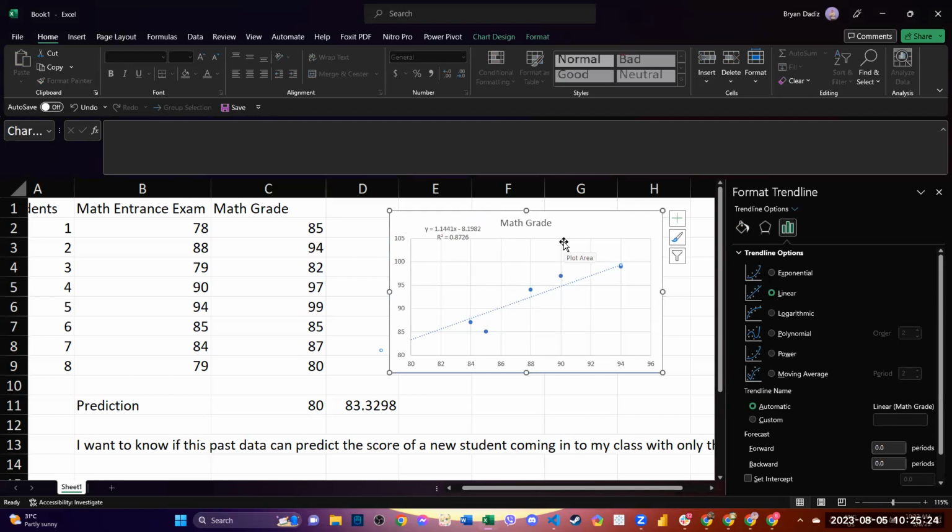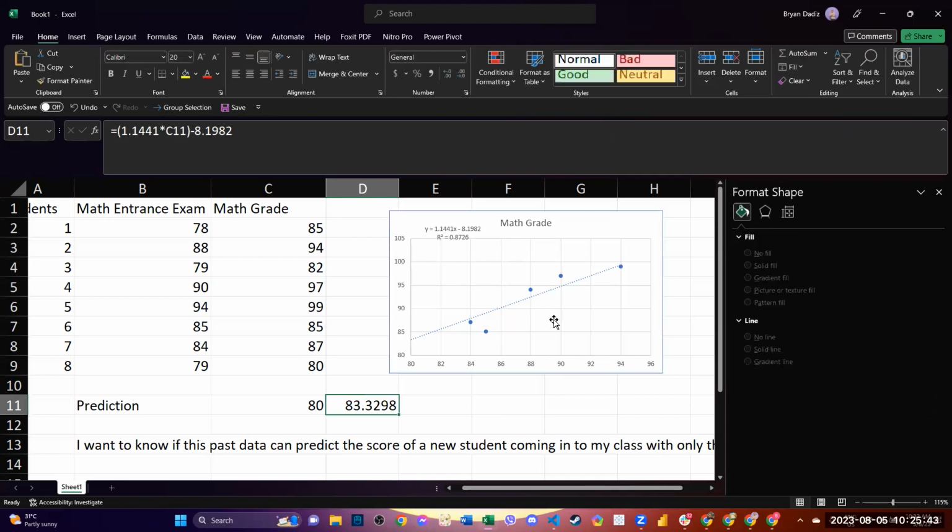Okay? Ginawa na ni Excel yung computation na yun for us. So, ang ginamit ko na lang is yung provided solution ni Excel para sa atin.